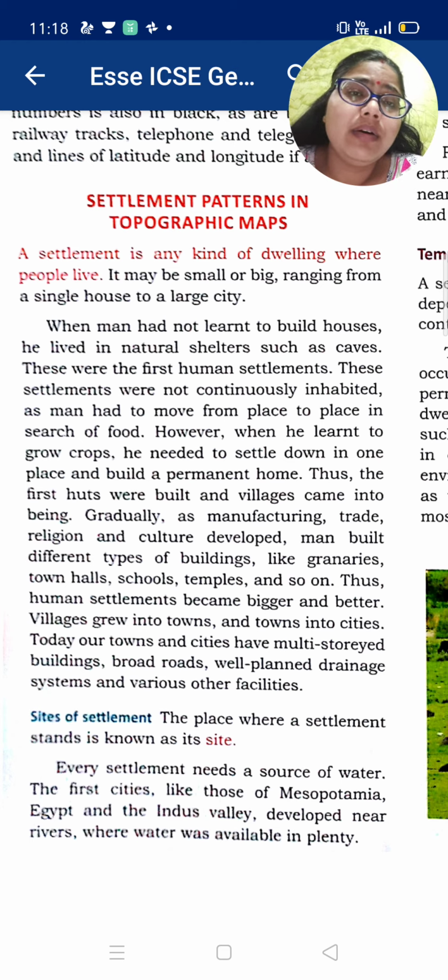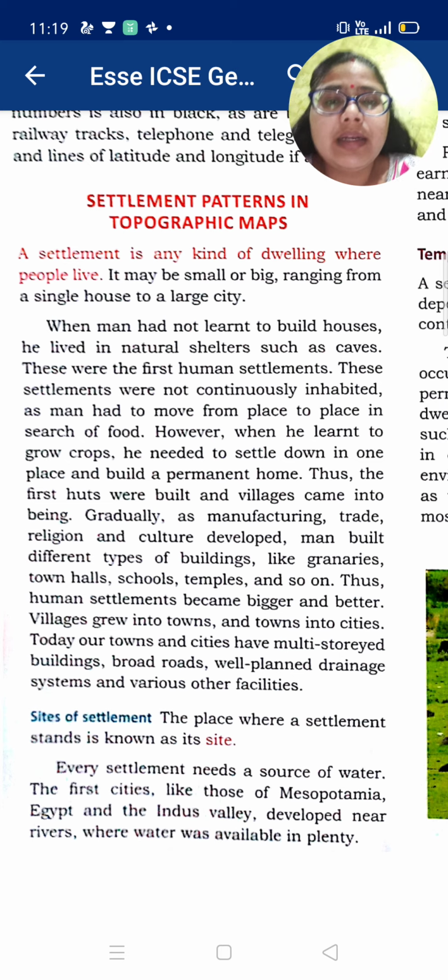So earlier, men must have used only huts. They started making only huts for living, but slowly, when they had manufacturing areas, then trading, they started trade, they started worshipping religion, then culture developed.